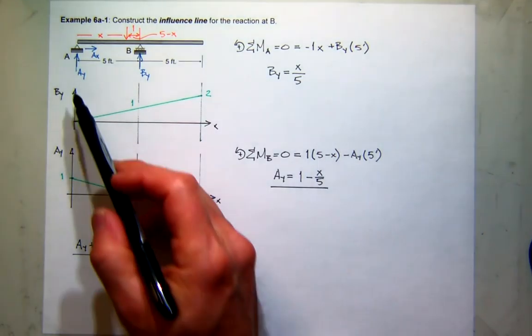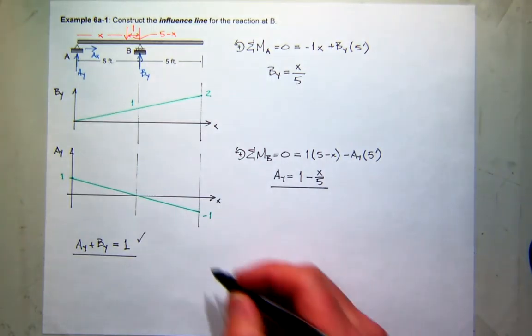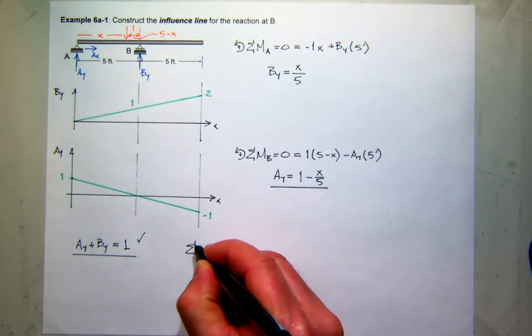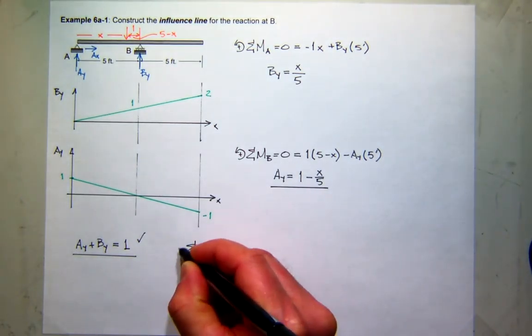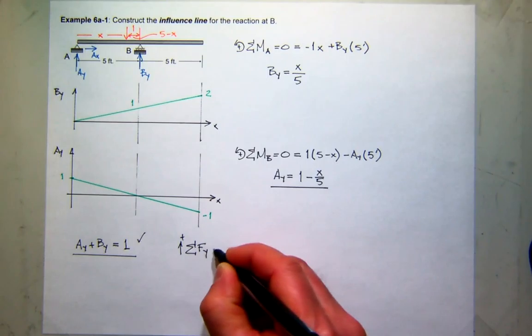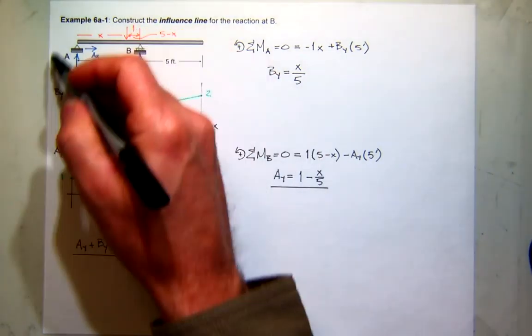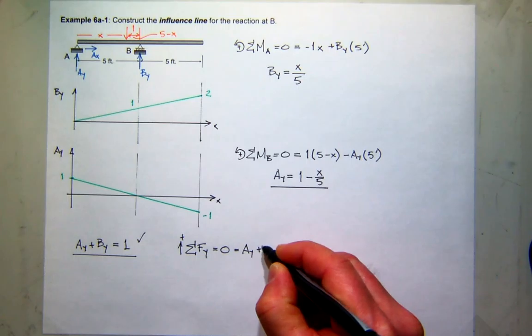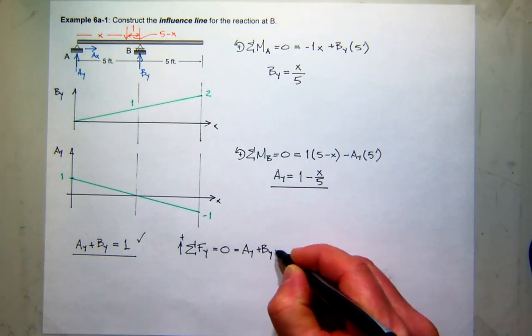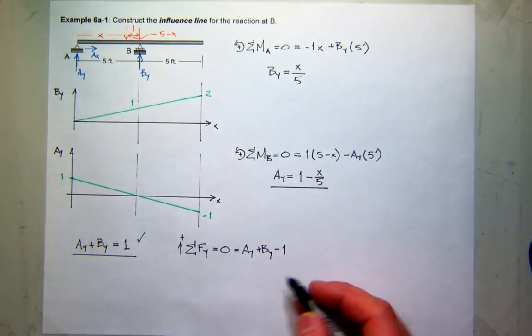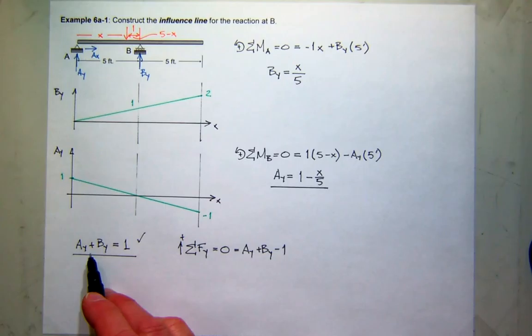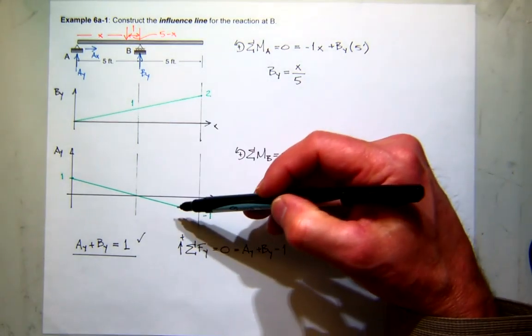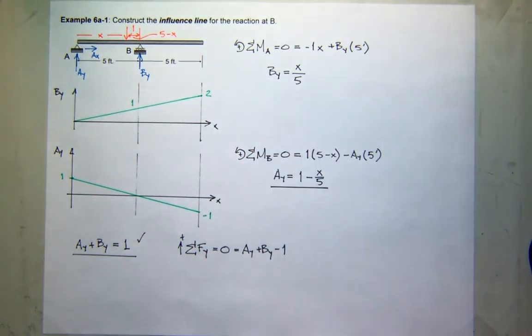Well, for equilibrium, they have to be, right? If I sum forces in the y direction, looking at my free body diagram, it says that AY plus BY minus 1 has to be 0. And if you check our two curves, they also match that.